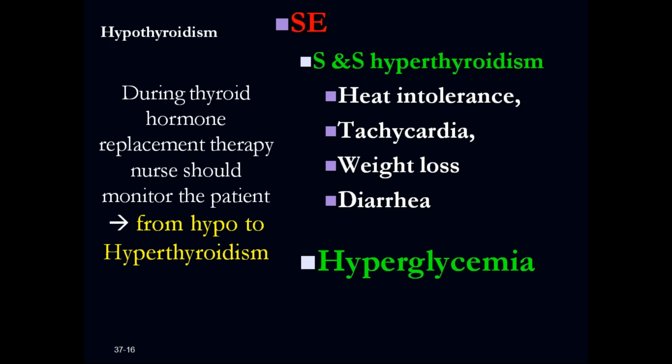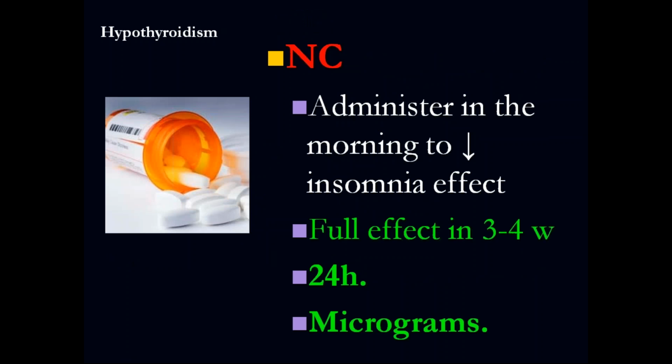So remember your clinical history about heart. Weight loss. I was saying that this medication was a long time ago used to lose weight, not anymore. Can produce diarrhea and hyperglycemia. All right.